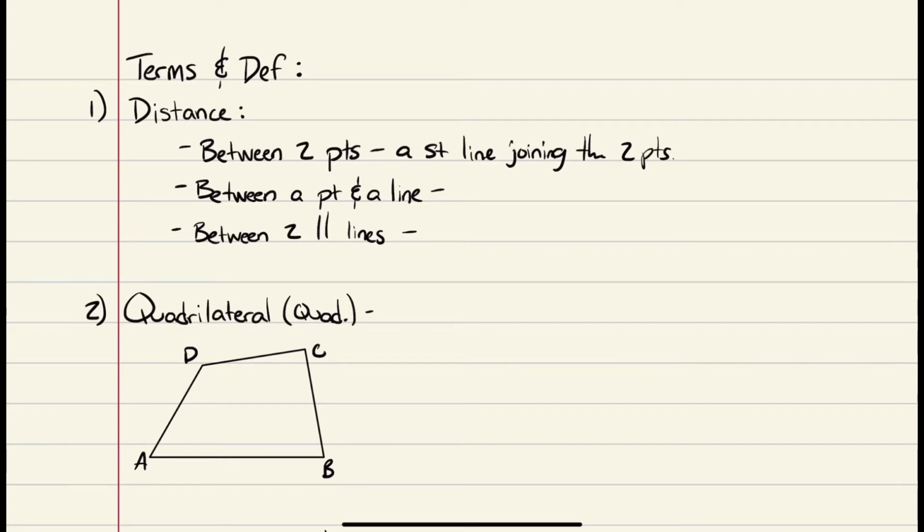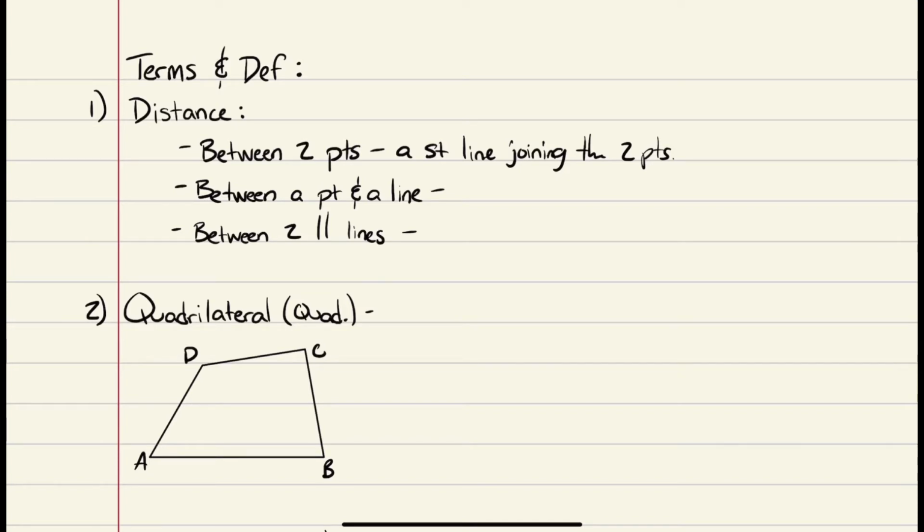Whenever we talk about the distance between two separate points, we are talking about that straight line between. We might have to draw an auxiliary line between, or it's just understood when we say the word distance between those 2 points that we're talking about the distance that a straight line would take between those 2 points.